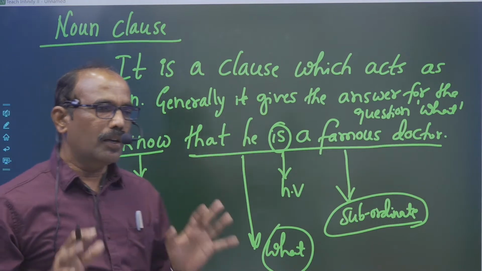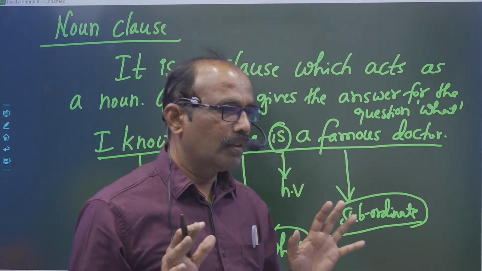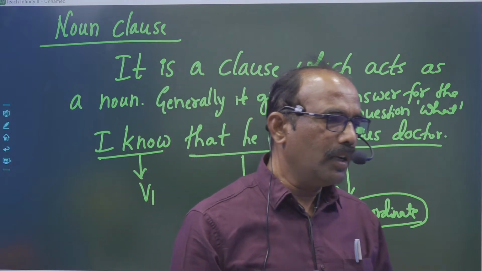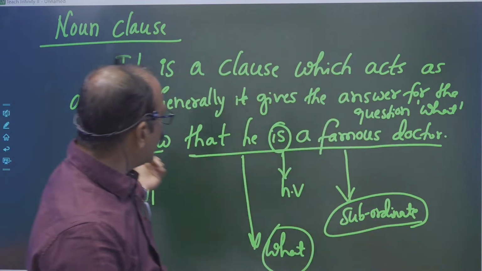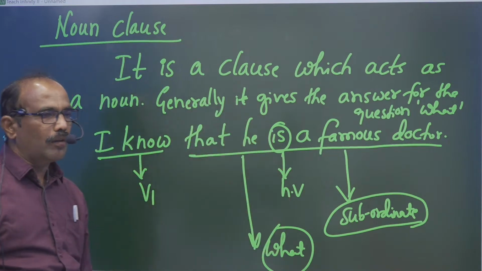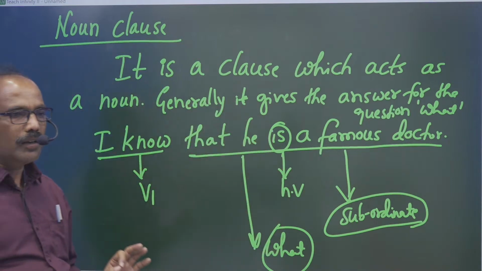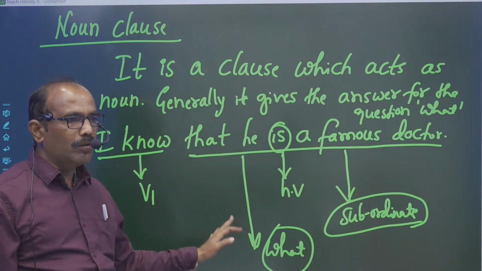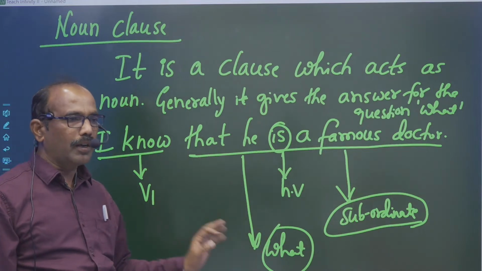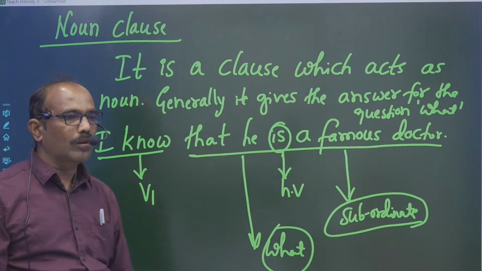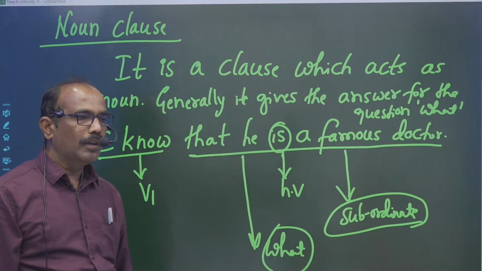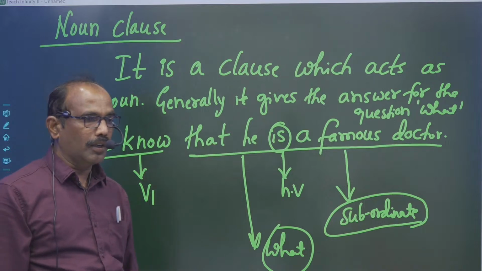It may be a subject, or it may be a complement, or it may be an object. ನನಗೇನು ಗೊತ್ತಿದೆ ಅಂದ್ರೆ that he is a famous doctor. ಅವನು ಪ್ರಸಿದ್ಧ ವೈದ್ಯನಾಗಿದ್ದಾನೆ ಎಂಬುದು ನನಗೆ ಗೊತ್ತಿದೆ ಅಂತ ಇಂಡಿಕೇಟ್ ಮಾಡುತ್ತೆ. ವಾಟ್ ಎನ್ನುವ ಪ್ರಶ್ನೆಗೆ ಅದು ಉತ್ತರ ಕೊಡ್ತಾ ಇದೆ. That's why this is called a noun clause. ಇದು ಏನಾಗಿದೆ, noun clause ಆಗಿದೆ.